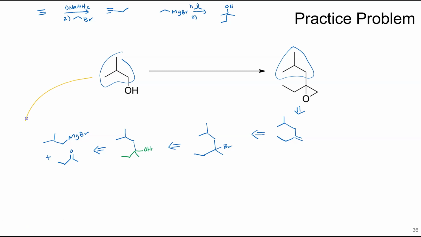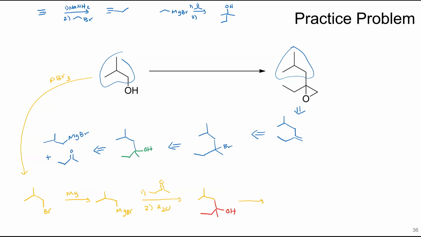So first we need to change this OH to a Br. Use PBr3. Add magnesium. To propanone, to butanone. Add our ketone with water. So we have that.